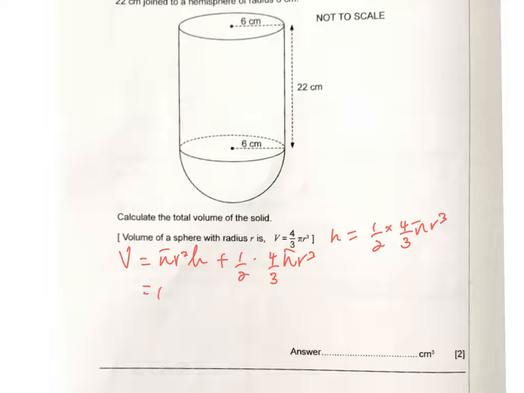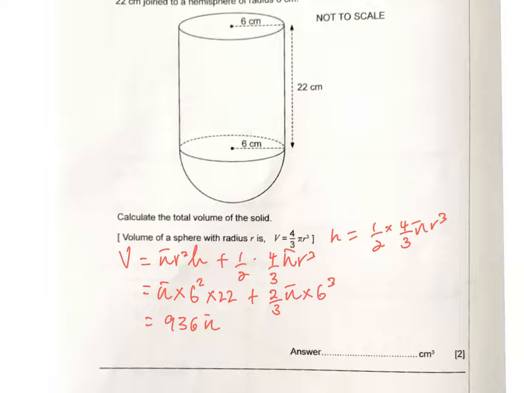If you substitute, you have pi times the radius 6 square times 22 plus a half of 4/3, which is 2/3, so we have 2/3 pi times 6 cube. You don't have to do one by one. Press everything as it appears on your calculator, and that should give us a total of 936 pi.